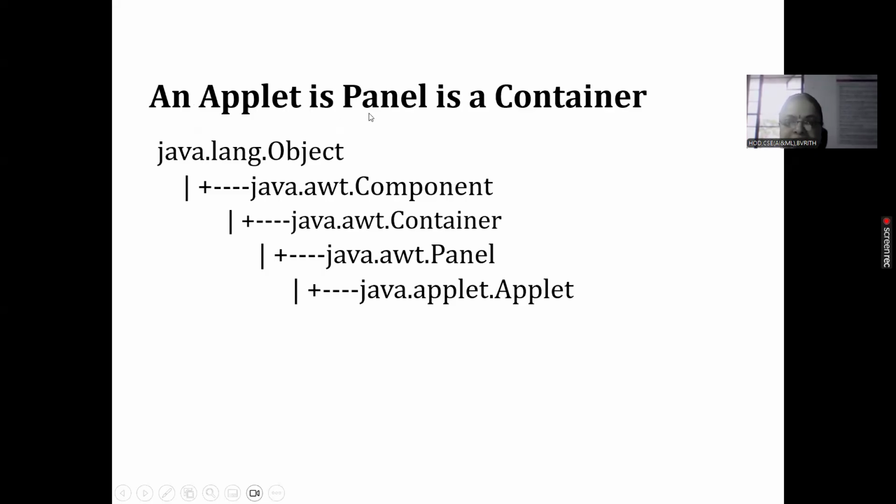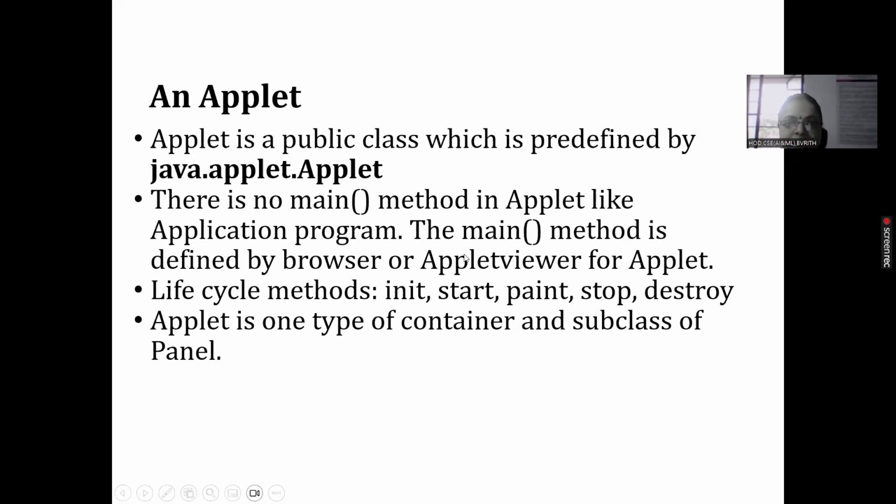And so applet is derived from the panel class. Okay. Applet is generally used for web pages. At present, the version of Java we are using is JDK 22, which does not support applets. So we cannot execute or create applets.